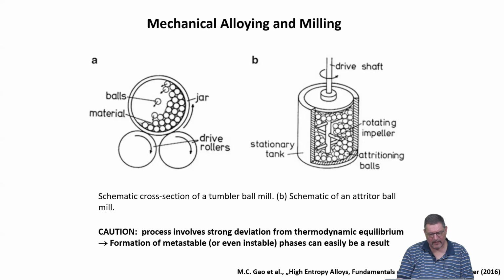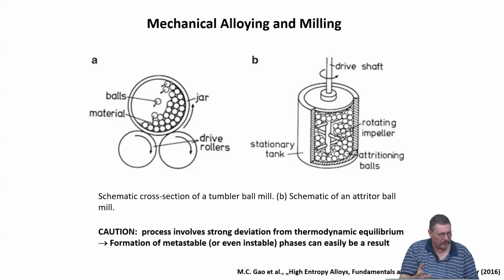But also you always have some material from your mill or from the balls inside of the mill abraded and mixing with your original material. So it means that you can never avoid some of the impurities from the materials the mill or the balls are made of going into your material.